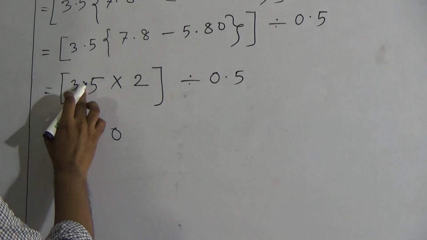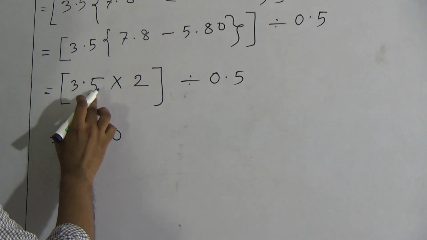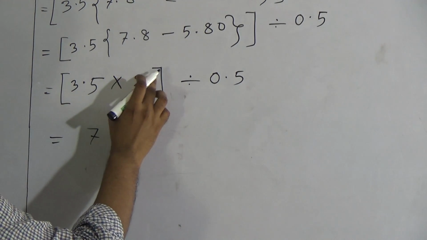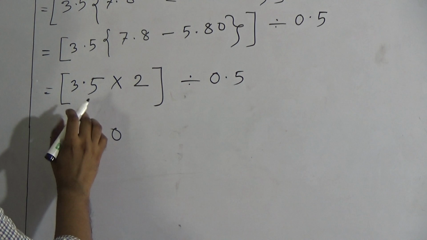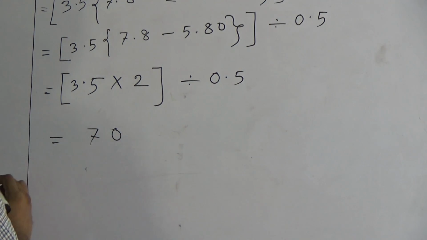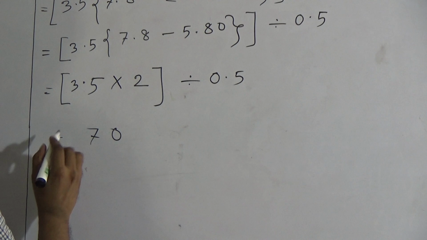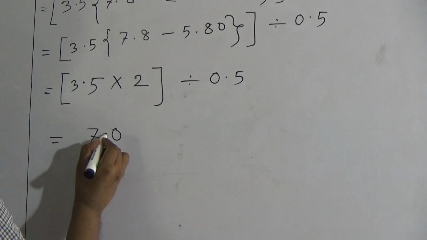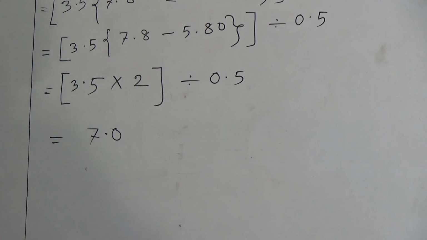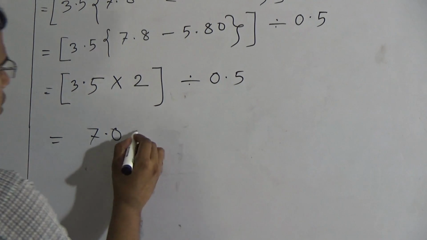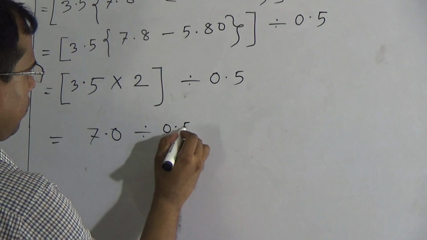Here after the decimal sign one digit exists, and here after the decimal sign no digit exists. So in the product after the decimal sign one digit will exist, so we have to give the decimal sign here. Divide by 0.5.